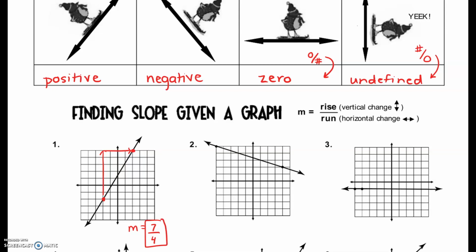Now our slope for number 2, again, we have a point all the way in the top corner and a point down here on the right. We go down for this line, so since we have to go down to get to the next point, that will indicate to us that our slope is going to be negative. We went down 3 units, so that is -3.